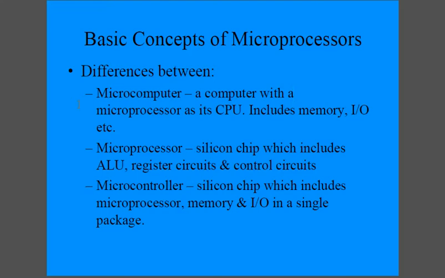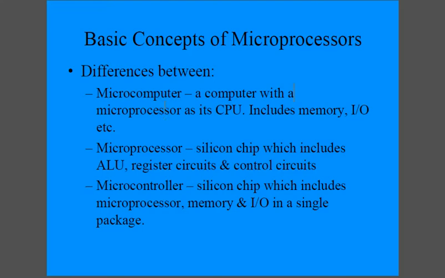So the basic concept of microprocessors, because the 8085 chip that we are studying this semester falls into one of these microprocessor categories. There are a lot of other names we have heard in this computer world, where we have heard microcomputer and also microcontroller too. So what's the difference between these three?